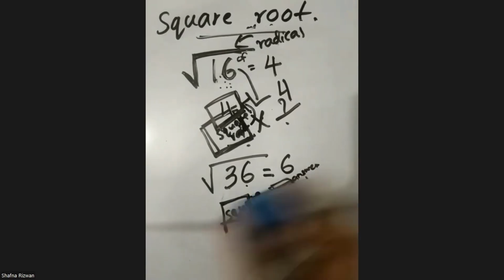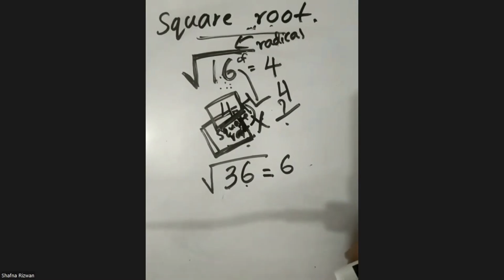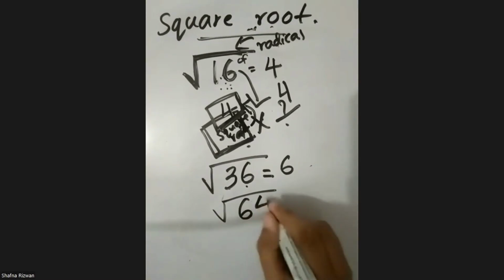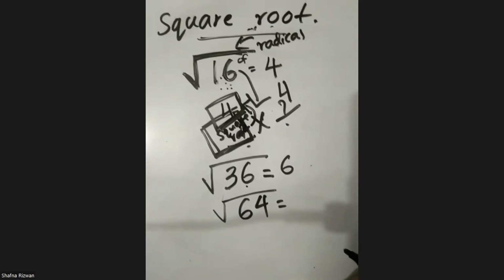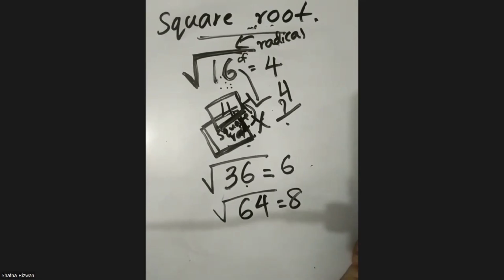So now you might have understood what a square root is. If I give you a number like 64, what is the square root of 64? It will become 8. Yes, 8 eights are how much? That is 64. So the square root is 8.